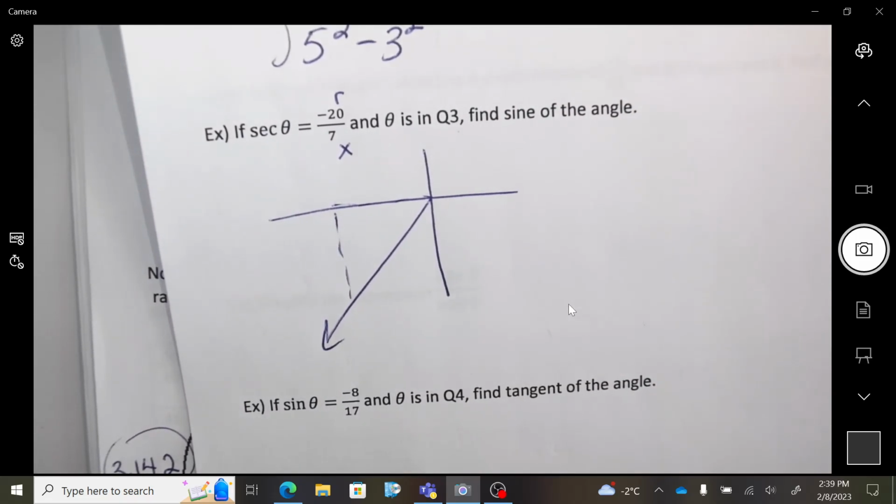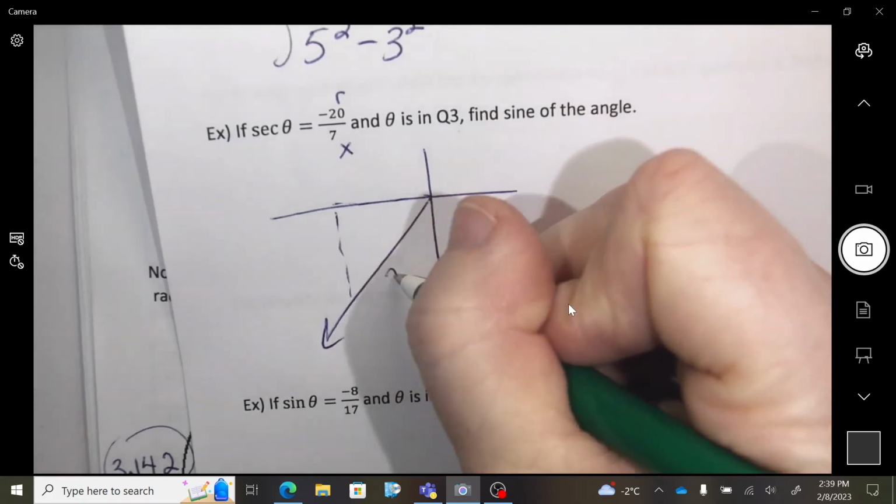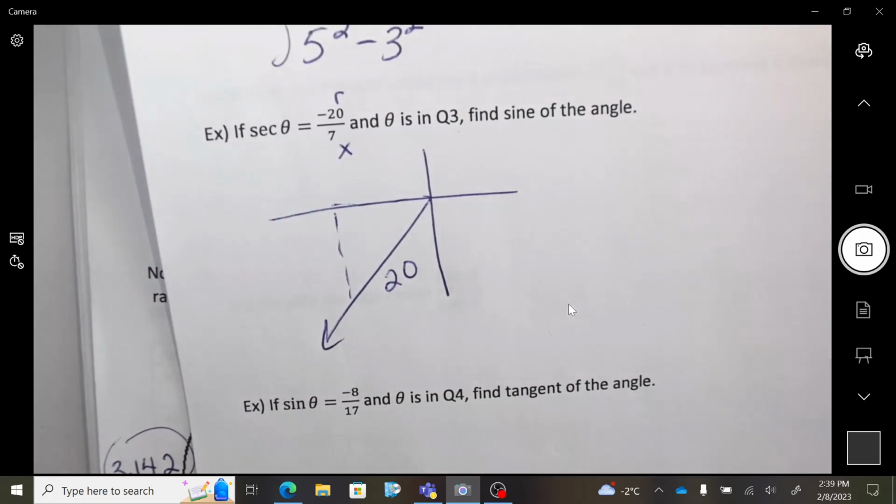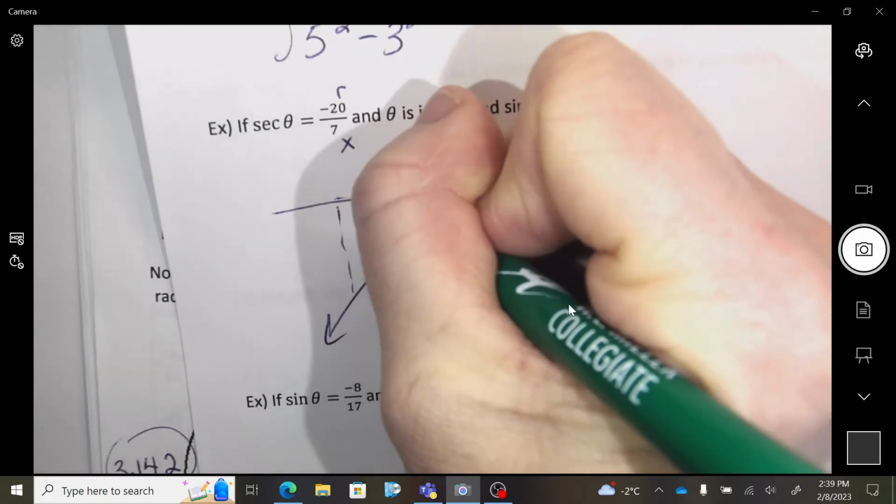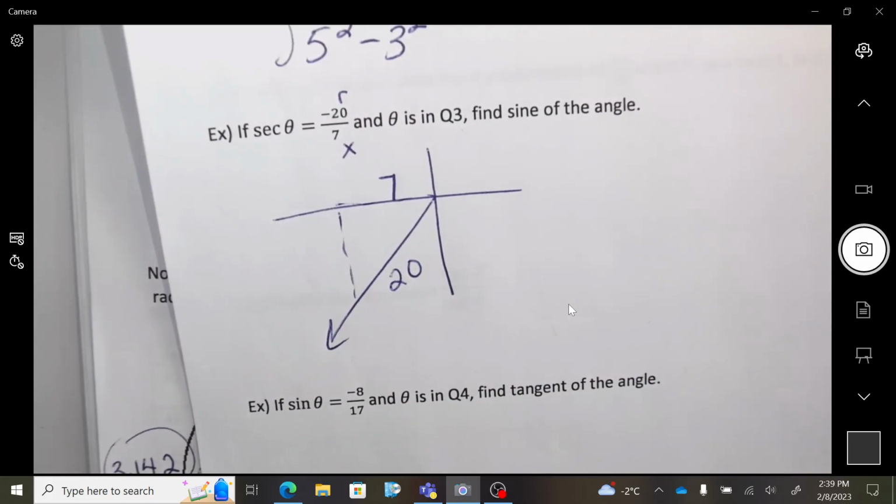Okay, guess what? Negative 20 doesn't make sense as an R. It's going to be 20. X is 7, but what kind of 7 is the X over there? Negative. Do you see why there was a negative 20?